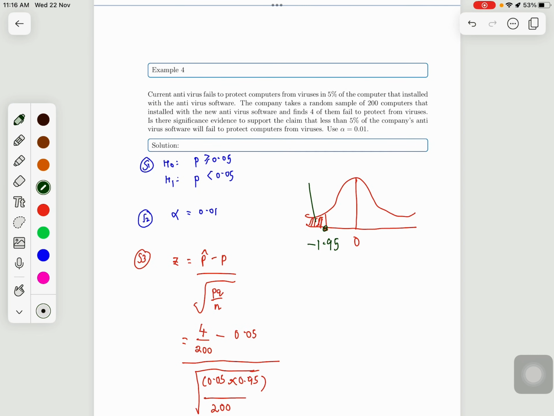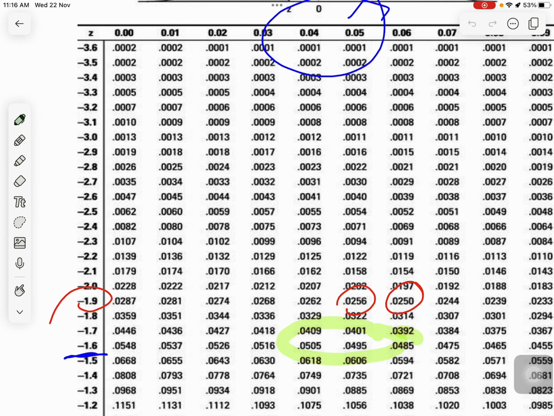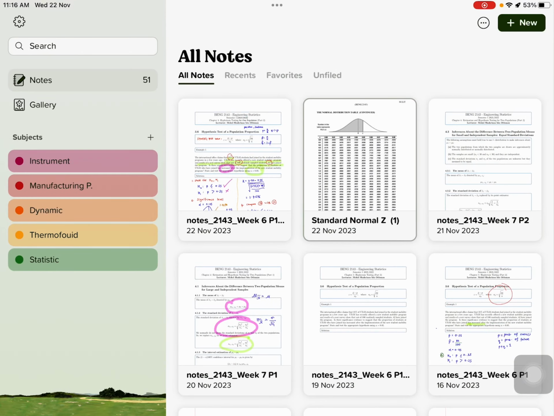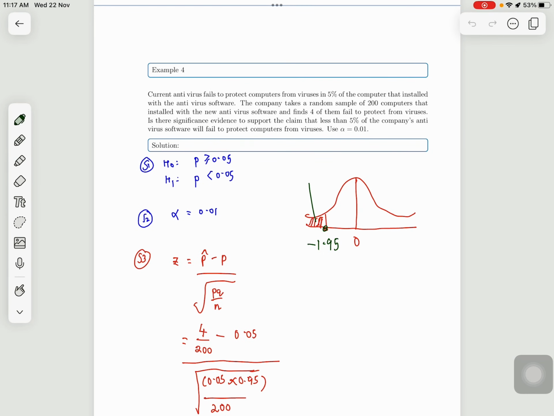What we got just now, which is 0.0250. So this, our p-value, is 0.0250.